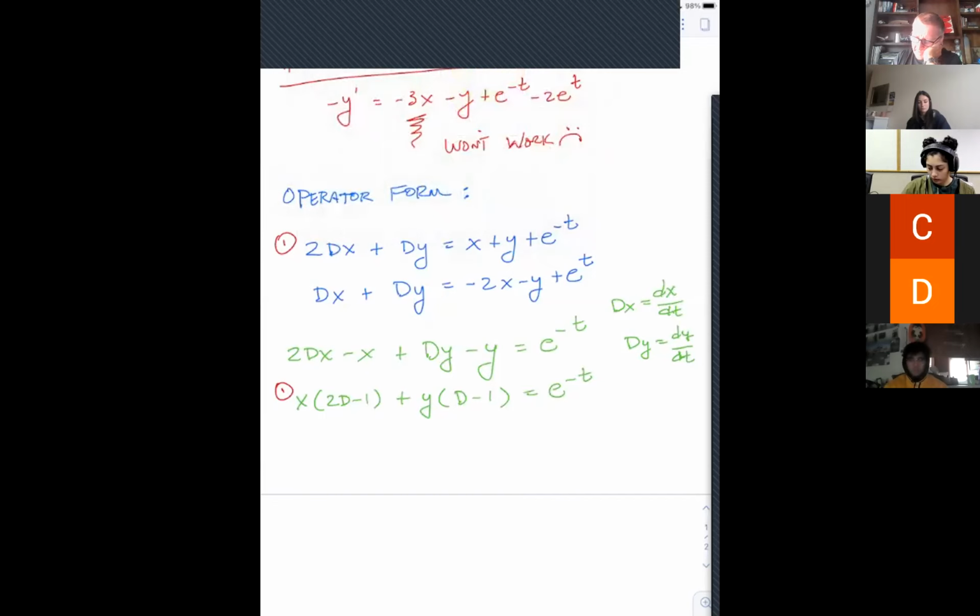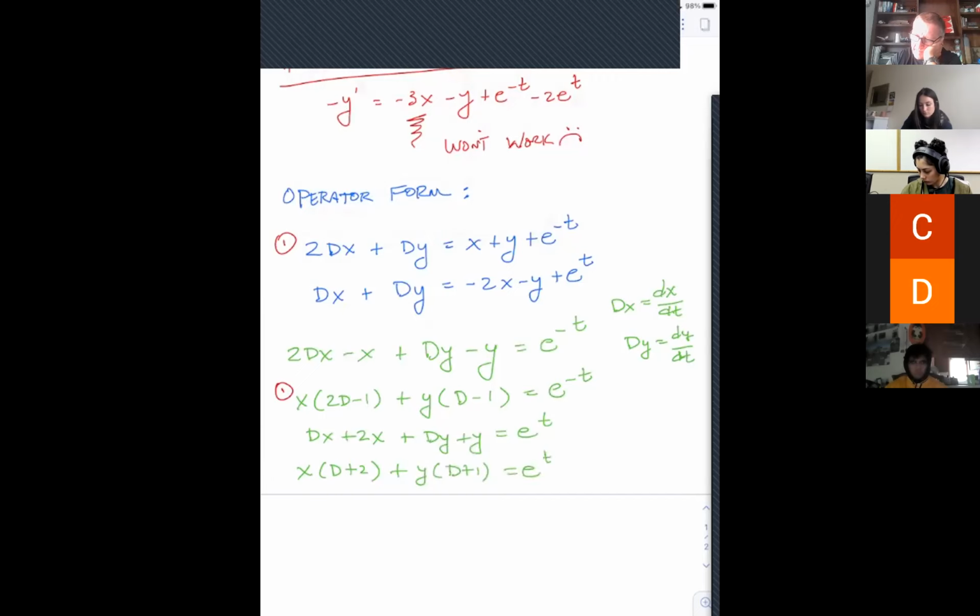And so then what about the second equation? Well, if I have dx on the left side, and I add the 2x, I didn't really want to put that on the other side, just leave it with itself. Add the 2x back over there, and then I've got dy on the left side, and then I'll add my y back over there and just leave that e to the t alone. And then again, factor out x, leaving derivative plus 2, and factor out y, leaving derivative plus 1, and nothing changes on the other side.